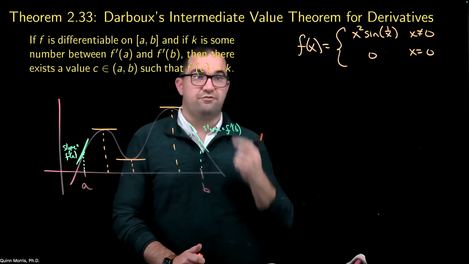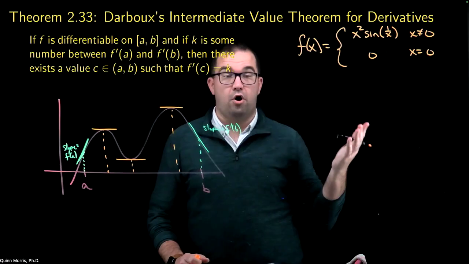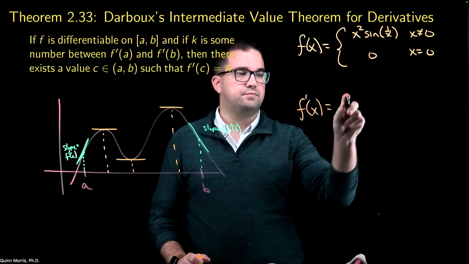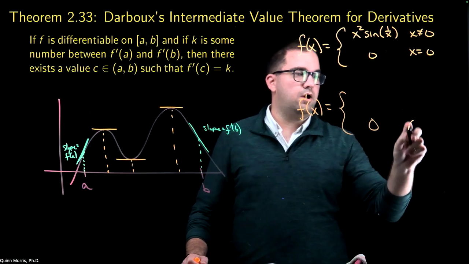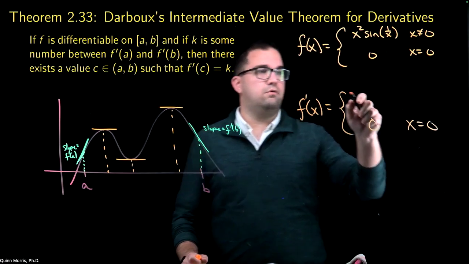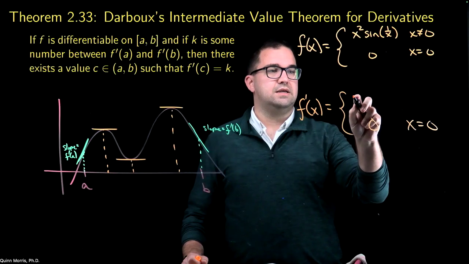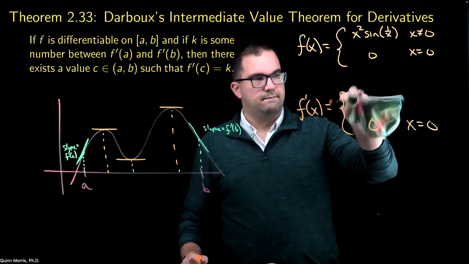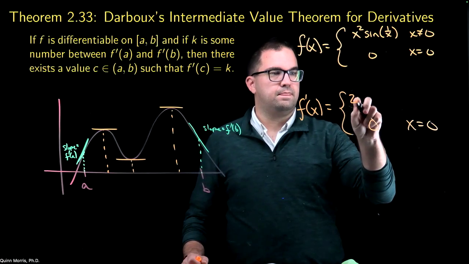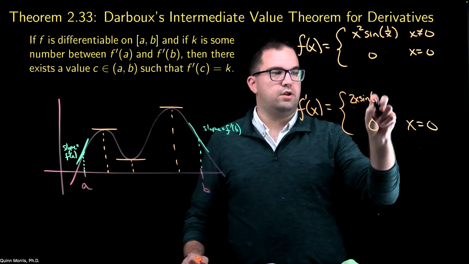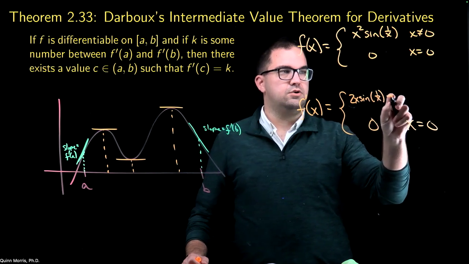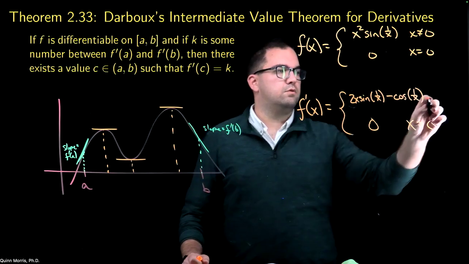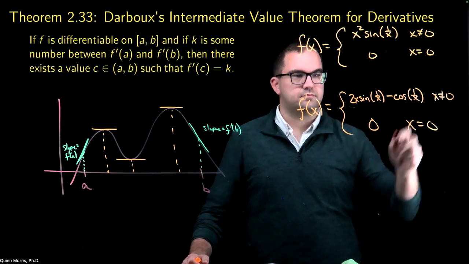This function is differentiable on all of R, as a matter of fact, and f prime of x is 0 when x is 0, and otherwise it is 2x sine of 1 over x, and you end up getting a minus cosine of 1 over x here when x is not equal to 0.